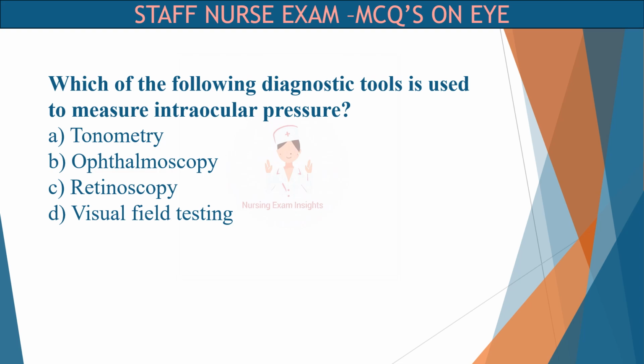Which of the following diagnostic tools is used to measure intraocular pressure? Options are A. Tonometry, B. Ophthalmoscopy, C. Retinoscopy, D. Visual field testing.